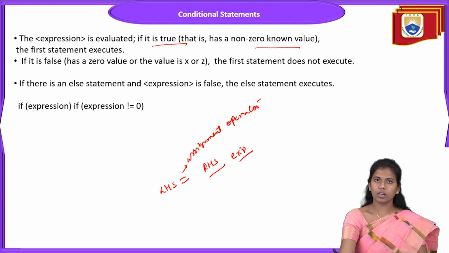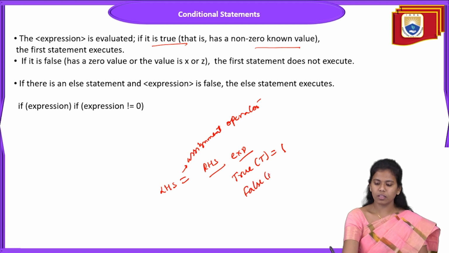True means what? If it is true, we represent true with 1, isn't it? Then false, we represent it with 0. So the expression is to be evaluated either in terms of 1 or 0. That is, a non-zero value means true, and a 0 value means false.